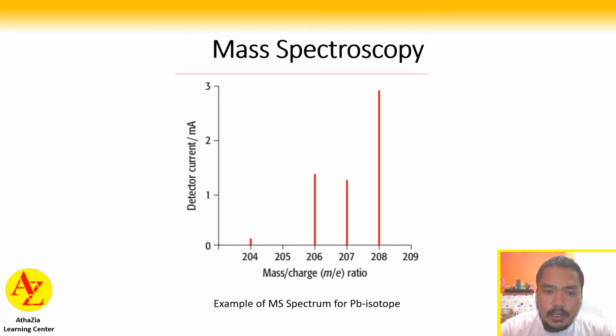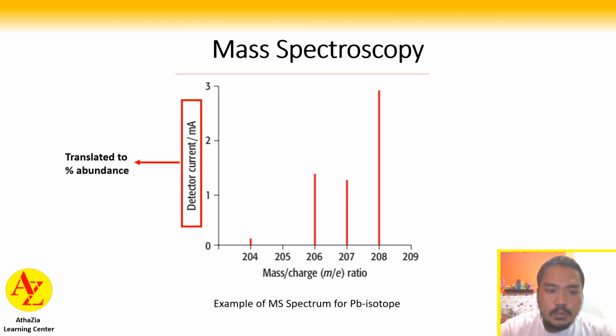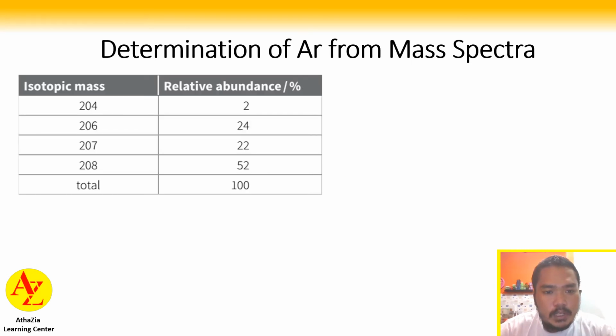How high the current is, is presented on the y-axis. It can be converted into percentage abundance, so the one with the most current will have the most abundance.